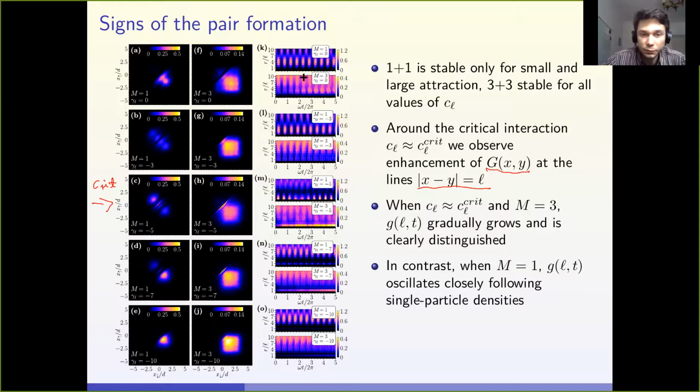Now let's move to the third column. In the third column, we have this distribution G of R as a function of time. So we see spatiotemporal plots.